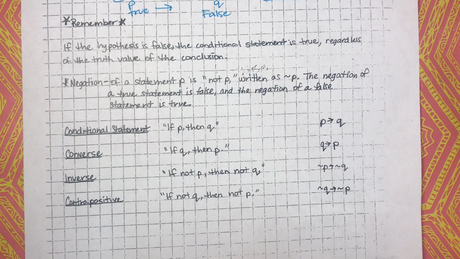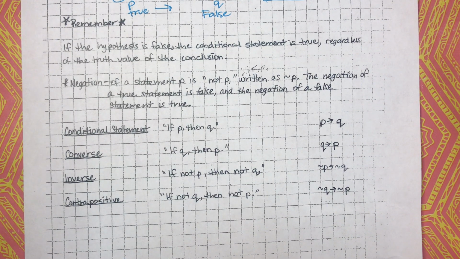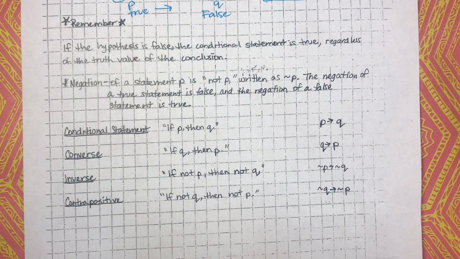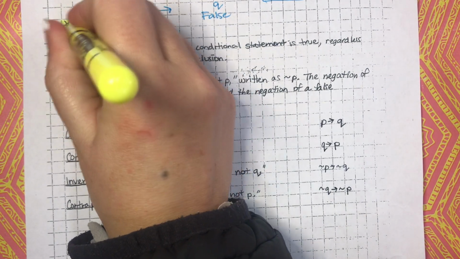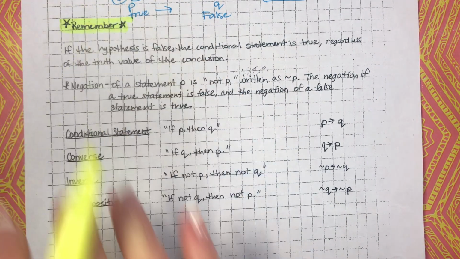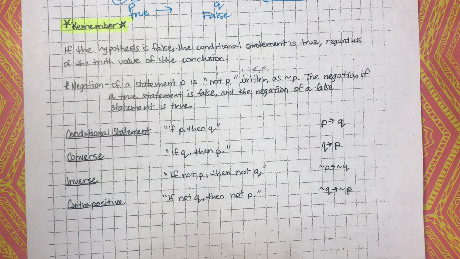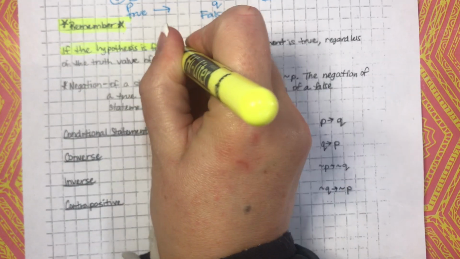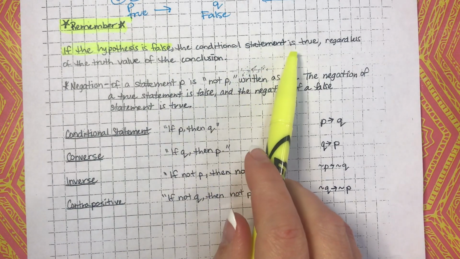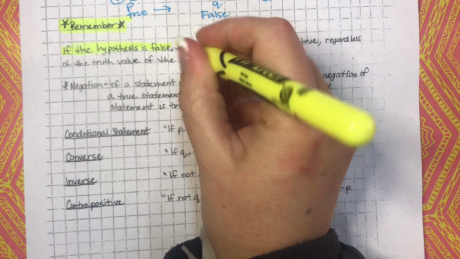Welcome back. We're going to talk about example 4, but first we're going to talk about a few different concepts. First, we need to remember, like when we were dealing with the truth value in the last example, that if a hypothesis is false, the conditional statement is true.